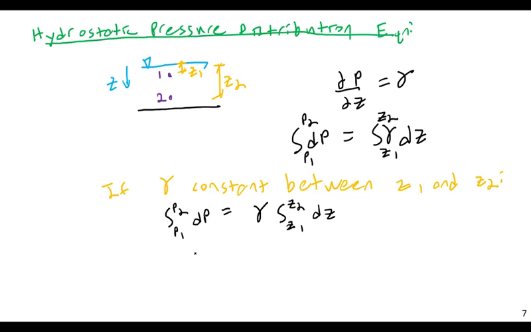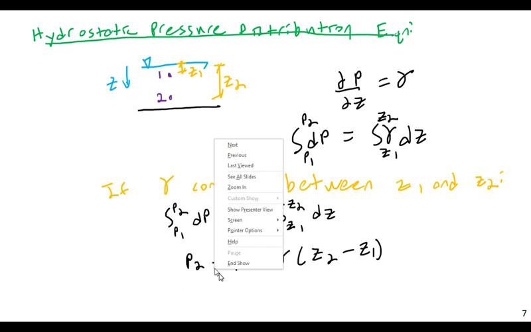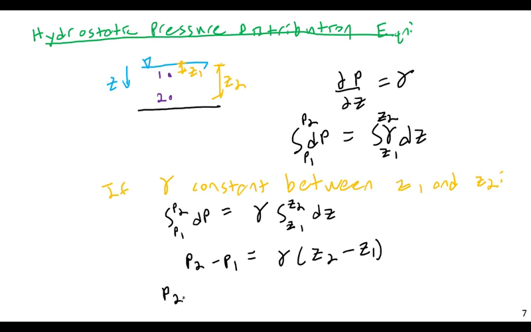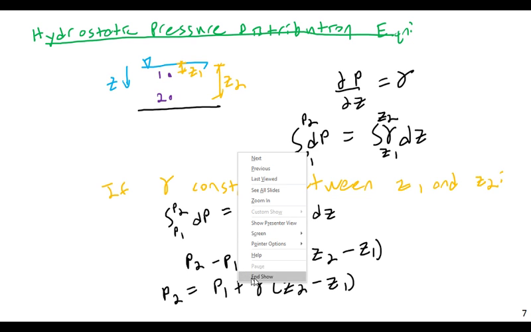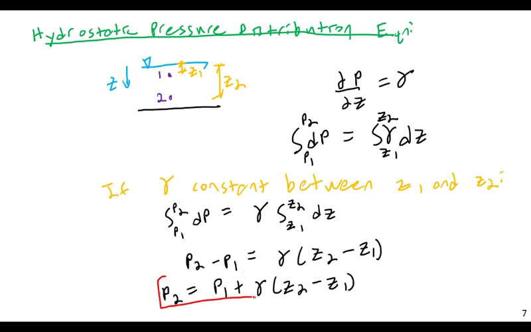Doing the integral, P2 minus P1 is equal to gamma times (z2 minus z1). Or in final form, which is what I'm really after today, P2 equals P1 plus gamma times (z2 minus z1). And this is the hydrostatic pressure equation for constant specific weight between 2 points.